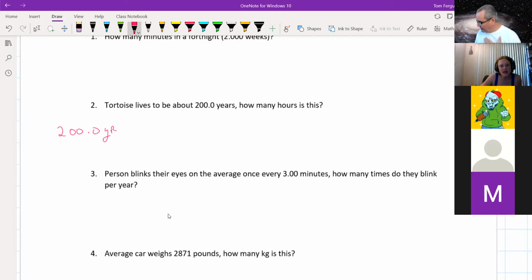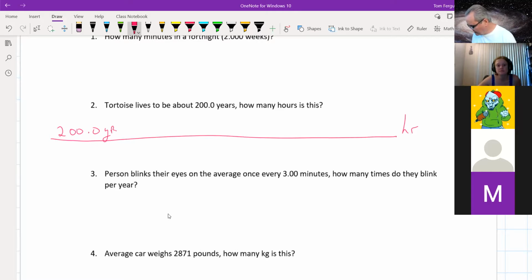Hours. So that's going to go on the right. Okay, so do you know of a conversion factor to go directly from years to hours? There is probably one, but I don't know what it is. So the easiest way is to go multi-step. And all the year problems on all my tests for the rest of the year will be non-leap year.